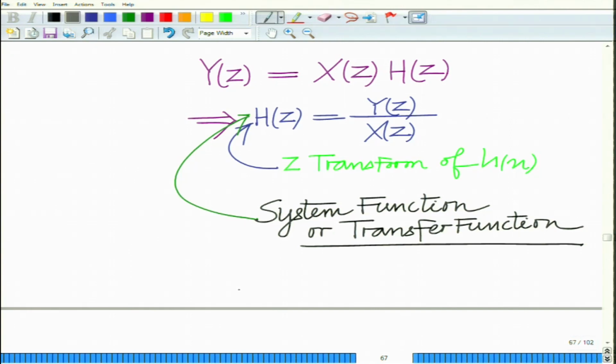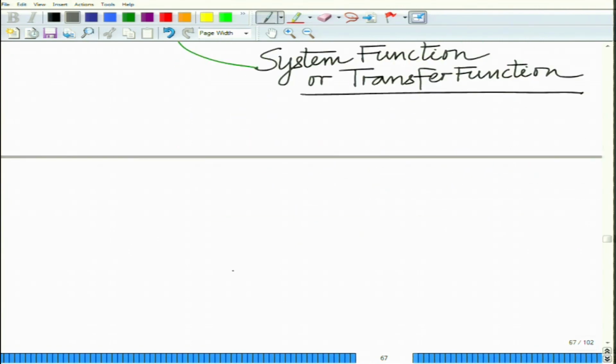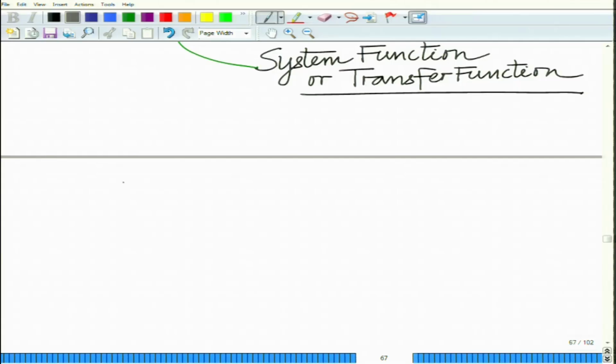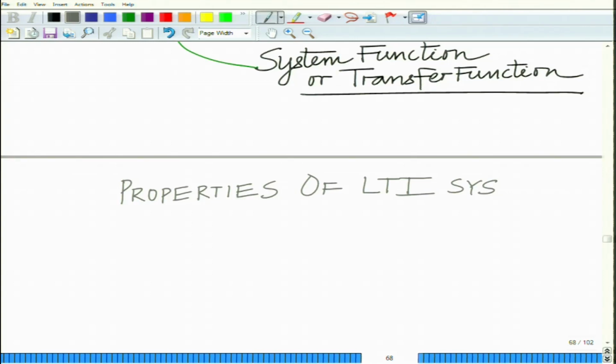Now, let us look at the properties of the discrete time LTI system based on its system function or the transfer function. So, what we want to explore now are the properties of the LTI systems.